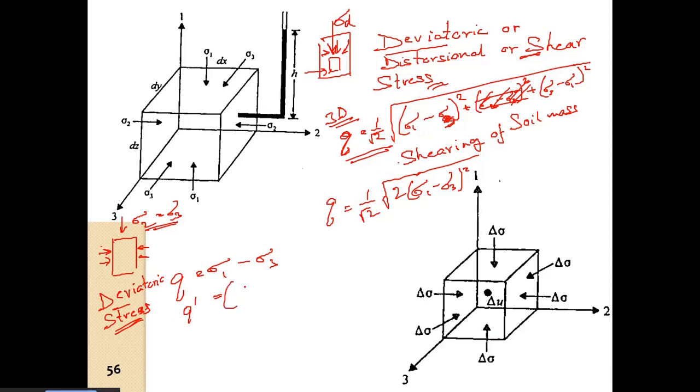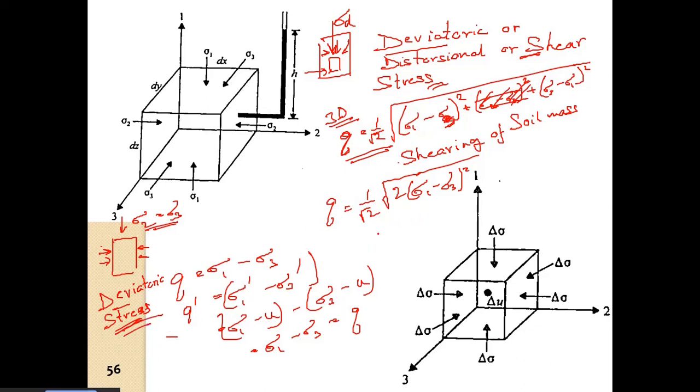So ultimately we have sigma 1 dash minus sigma 3 dash, which is equal to sigma 1 minus u minus sigma 3 minus u. If I break it out, this becomes plus and this becomes minus. So ultimately we have sigma 1 minus sigma 3, which is equal to q. So deviatoric stress is independent of increase or decrease of pore water. So delta U has no effect on deviatoric stress.